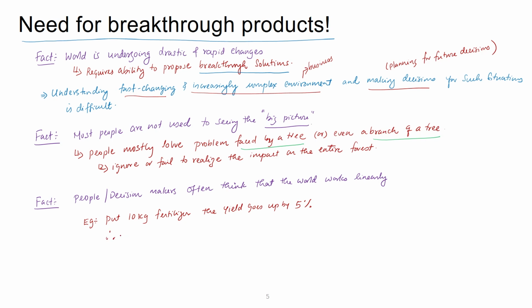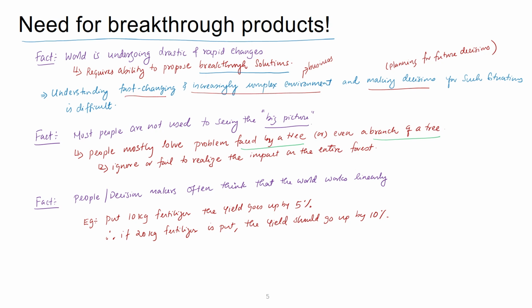Therefore, if 20 kg fertilizer is put, the yield should go up by 10%. This is the thought process.